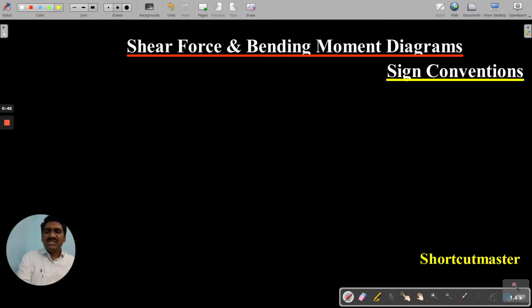First of all, before going to an example, let me say the sign conventions while moving from right to left and left to right. First, I'm writing the things for the shear force diagram. For SFD, while moving from right to left, I'm showing an arrow here like this.